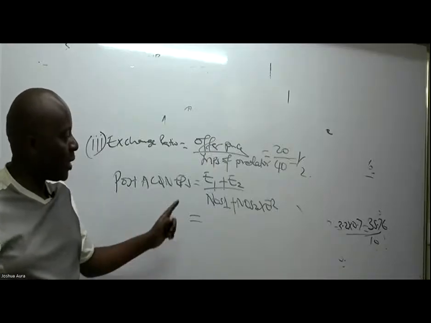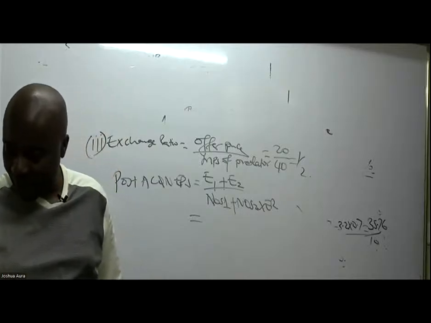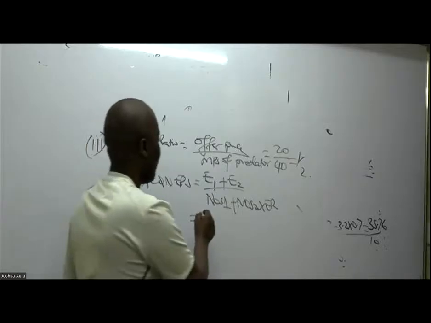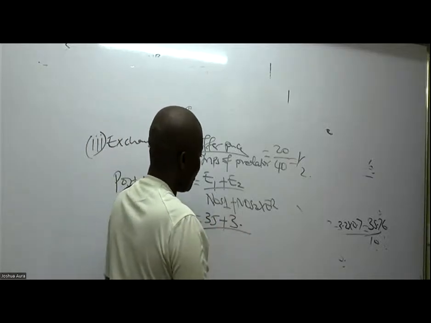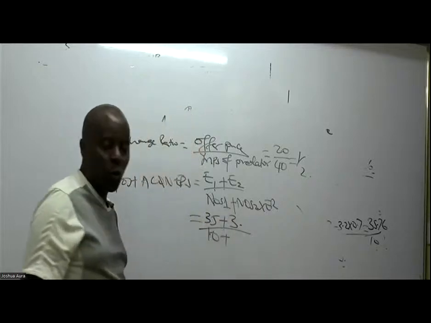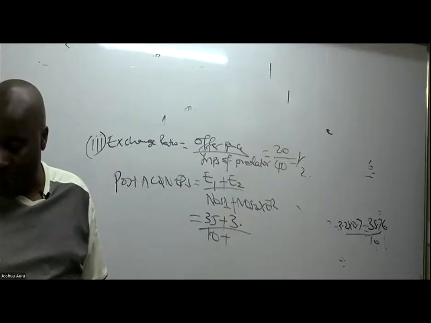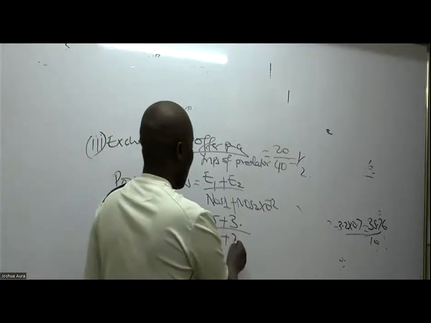Earnings of company 1 is 35, plus earnings of company 2, 3. Shares of company 1 is 10. Shares of company 2 are 2, so 2 times a half.